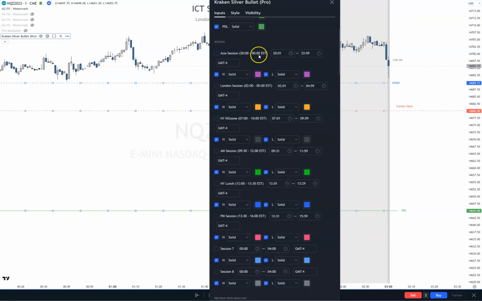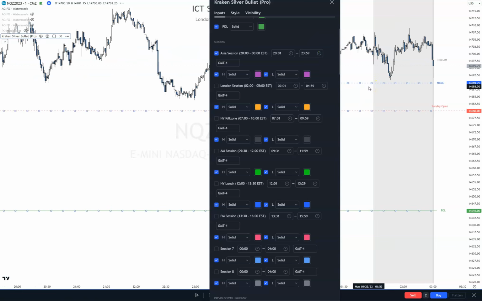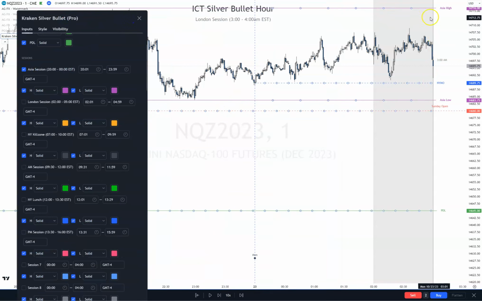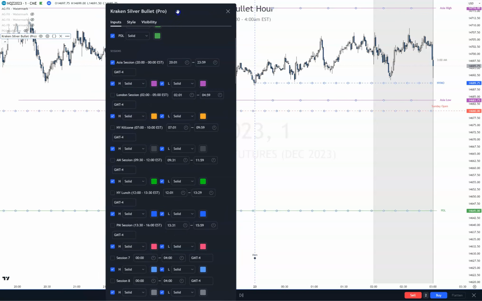So right now this pulls the Asian range from 20 to midnight. I turn this on, and we will see where those lines are. Here's the Asia low, it hasn't been taken out yet, and there's the Asia high. We're in London now, so we won't do that one.